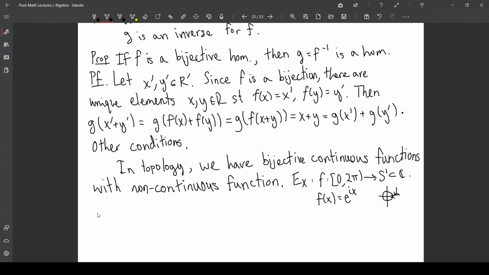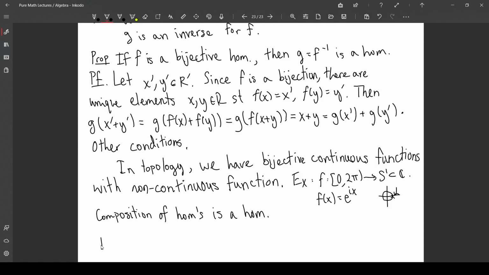Another similar thing that's easy to prove is that the composition of homomorphisms is a homomorphism.